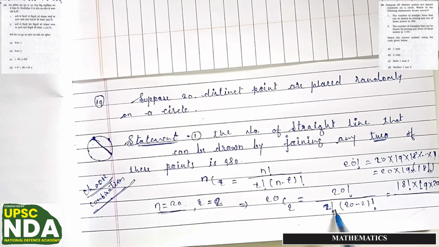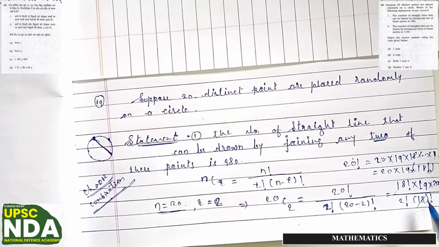So the numerator is 18 factorial into 19 into 20, divided by the denominator 2 factorial into 20 minus 2, which is 18 factorial. Now see why I took this 18 factorial in the numerator: because we can cancel this one with this one.